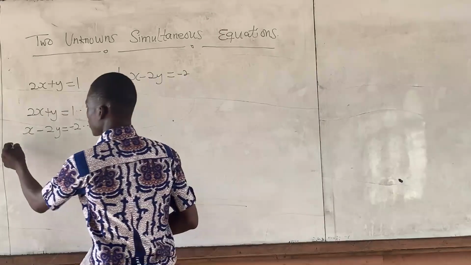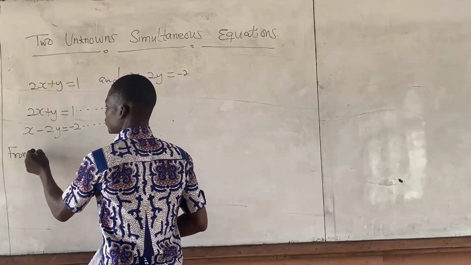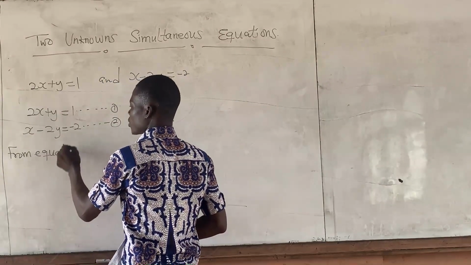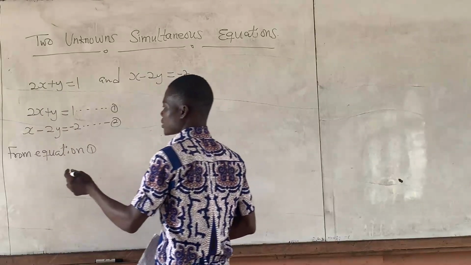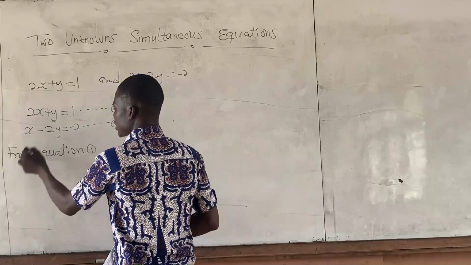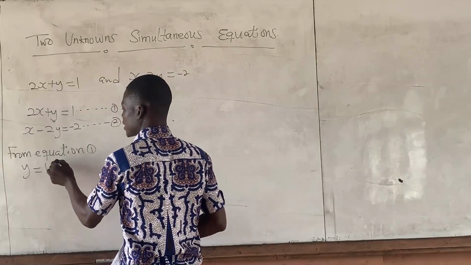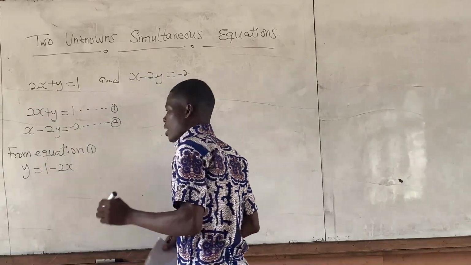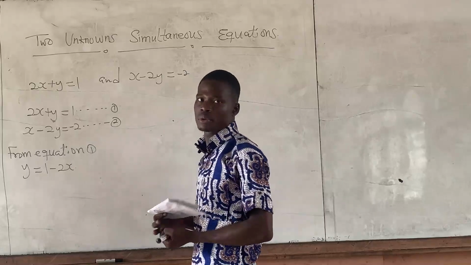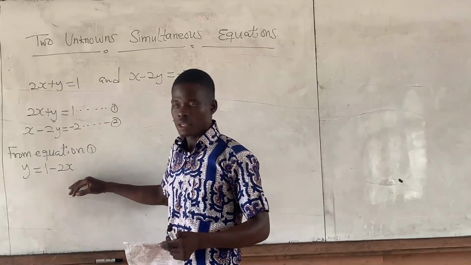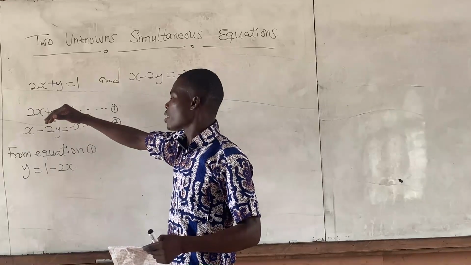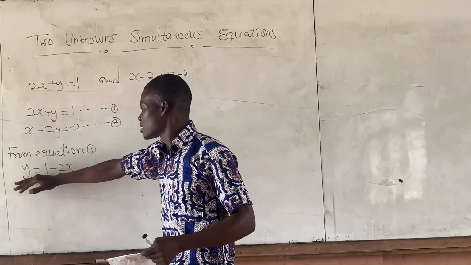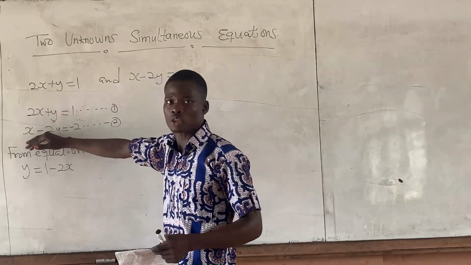From equation 1, we are making y the subject. So when we make y the subject, we get y is equal to 1 minus 2x. So now, you see that we are getting a new equation from equation 1. Since we get this new equation from equation 1, we have to substitute this into equation 2.